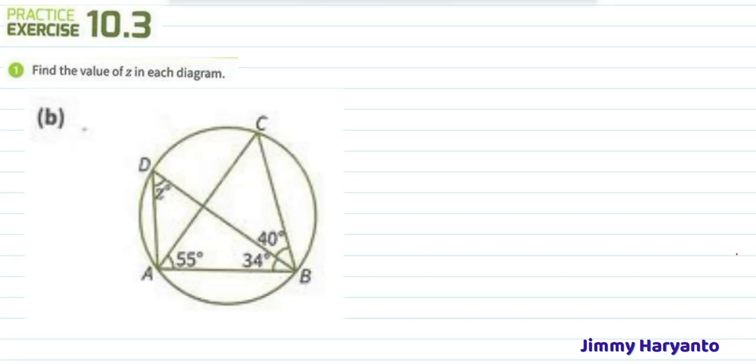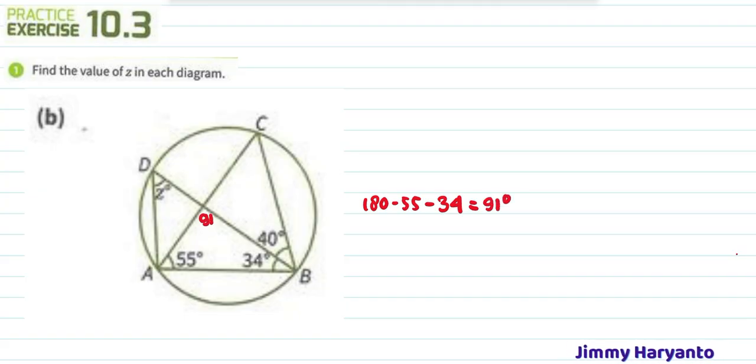Next is 1b. For question 1b, I want you to find this one first using the triangle like this. 180 minus 55 minus 34 equals 91 degrees. So this one is 91 degrees, and then I want you to find this one.